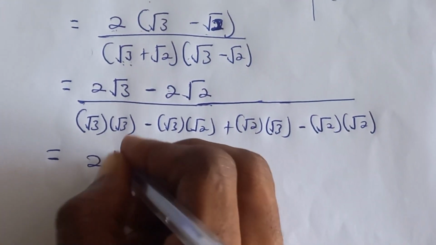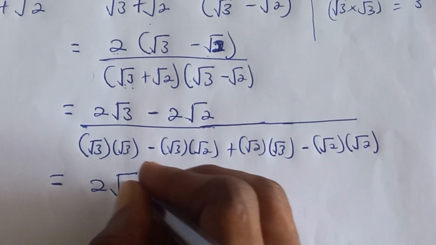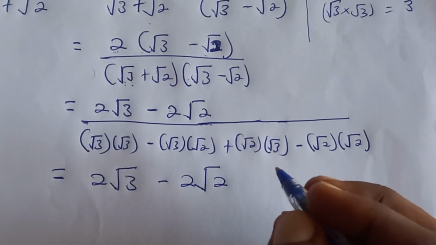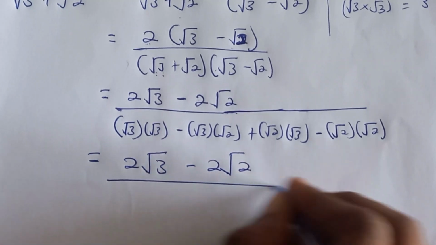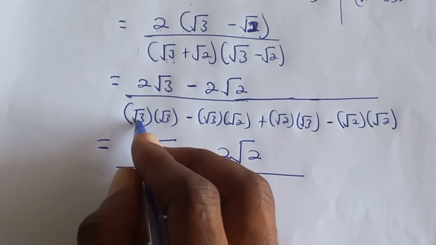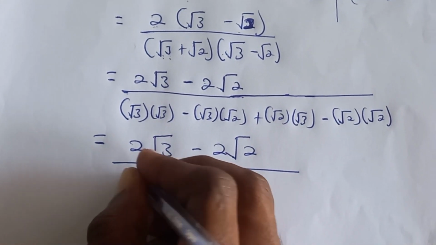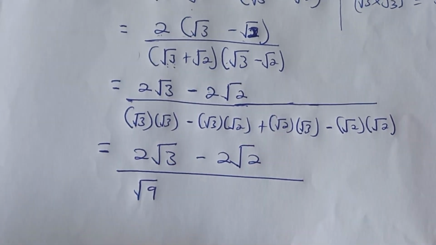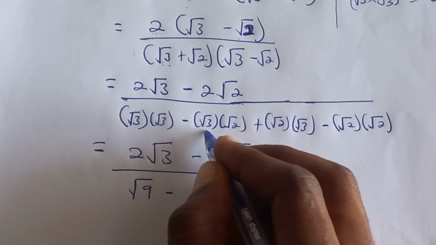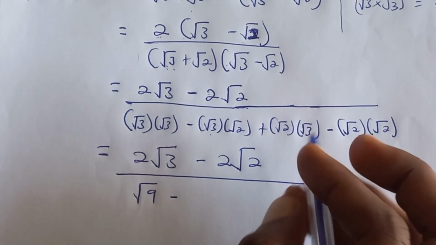So we have 2 root 3 minus 2 root 2 all on. Now, this is the same as root 3 times root 3, we have root 9. Then minus root 3 times root 2 is what?